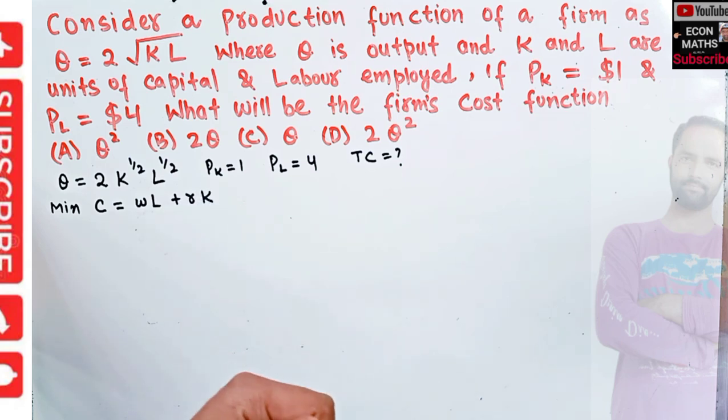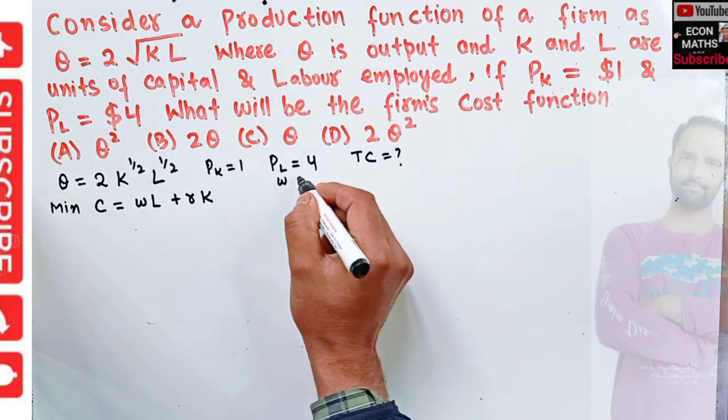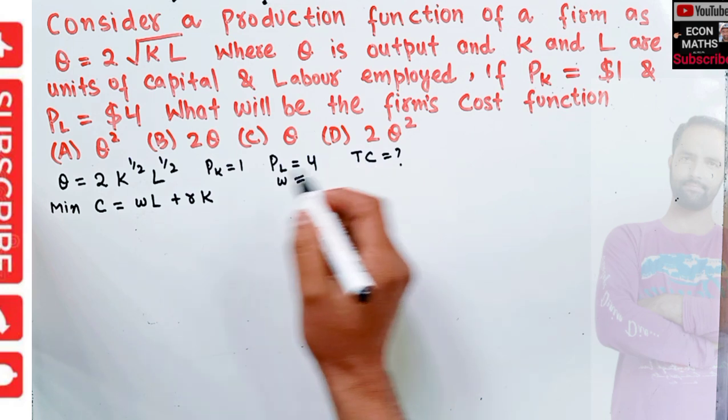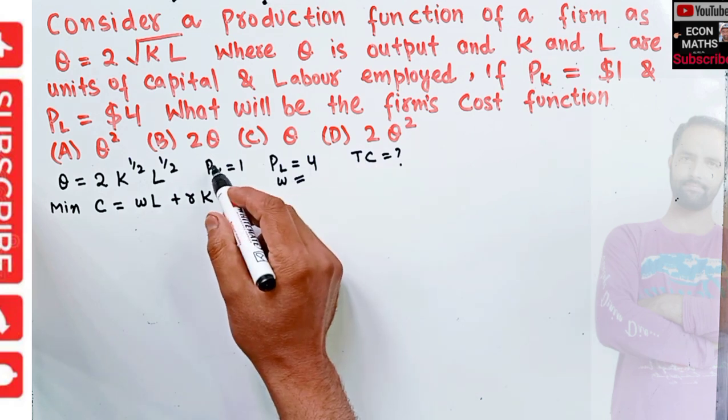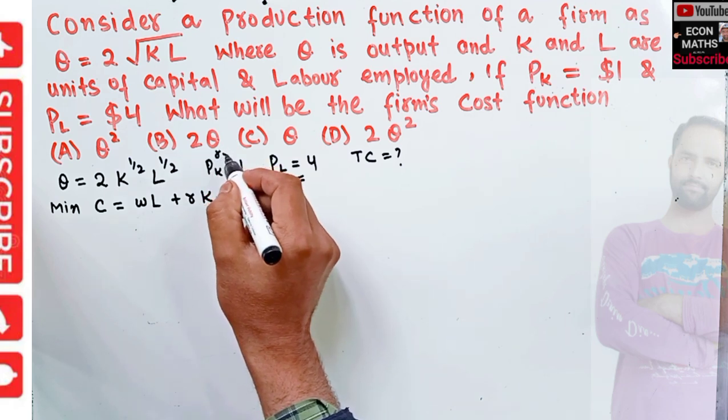When we are told price of labor is 4, actually it is the wage rate of the labor. And symmetrically, when price of capital is 1, that means the rental rate of capital is equal to 1.